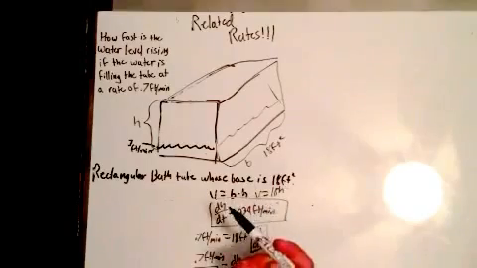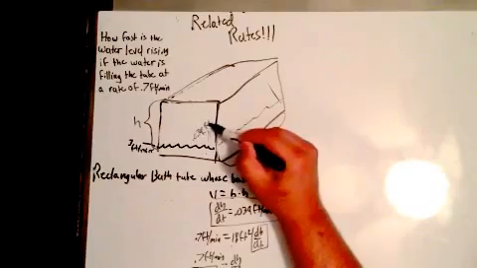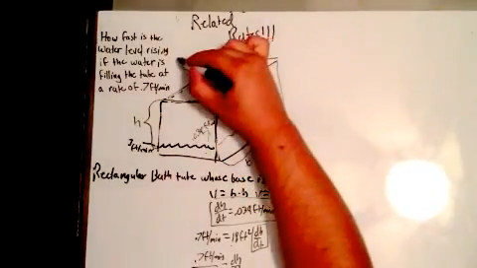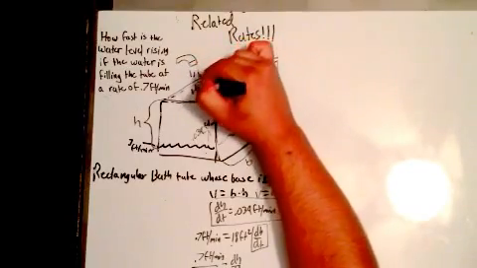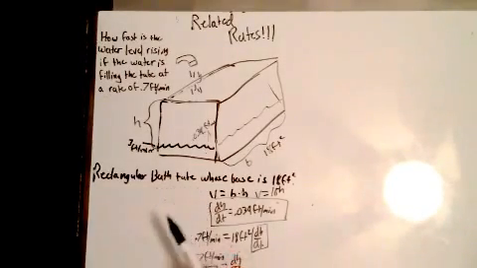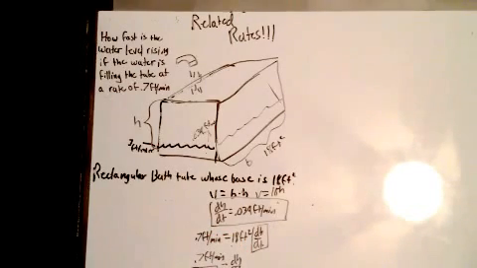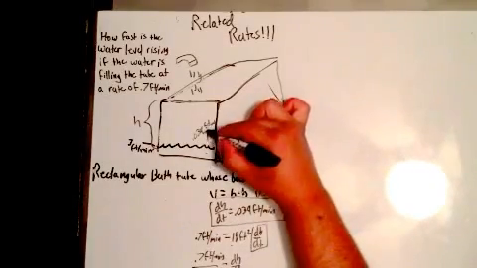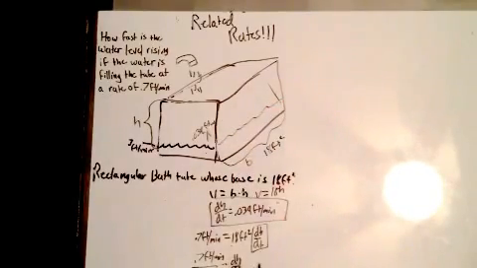That's what we wanted to find. This height right here is going up at 0.039 feet per minute. You could just say this is a faucet pouring water in at 0.7 feet per minute. And we pretty much solved it. So we know how fast the water level is rising when we're pouring water into the bathtub.